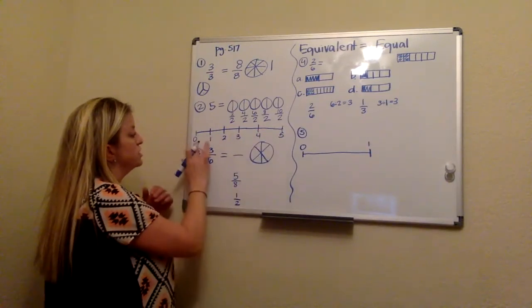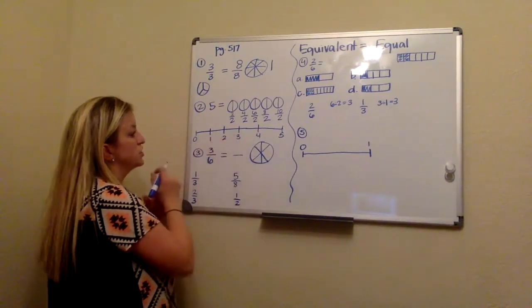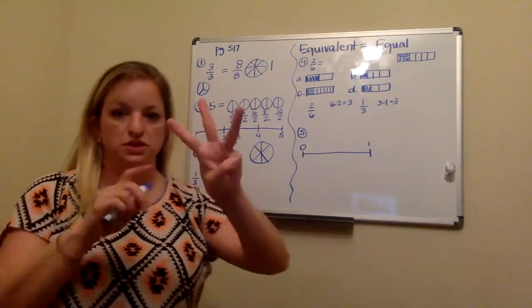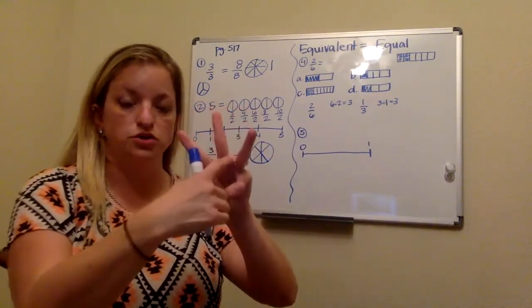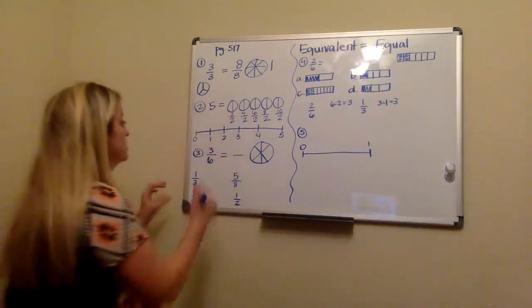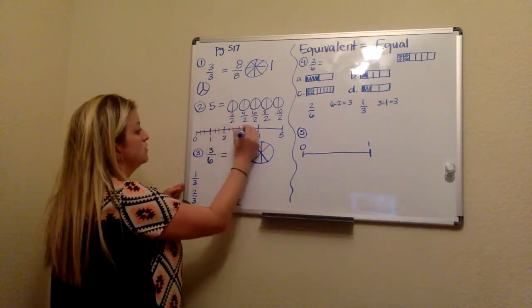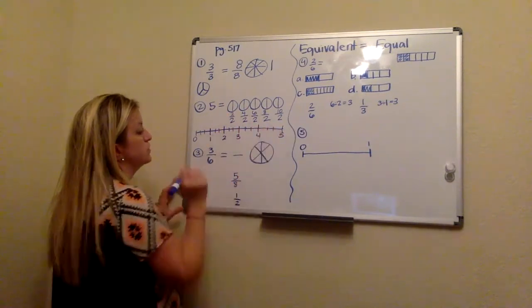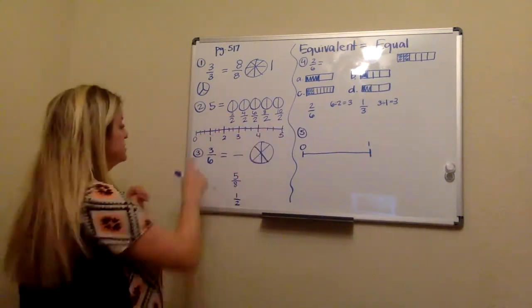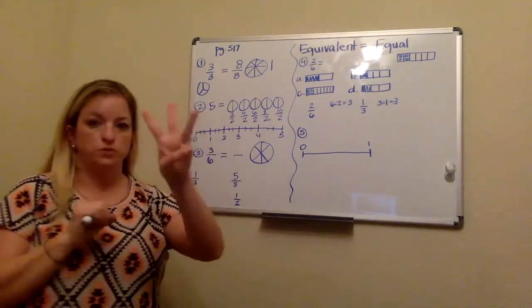Now I'm going to break each whole into thirds. When you are breaking them into thirds, you're going to need 1, 2 lines for each chunk. So 1, 2, 1, 2, 1, 2, 1, 2. Now I can count my pieces, 1, 2, 3. I have 3 pieces.